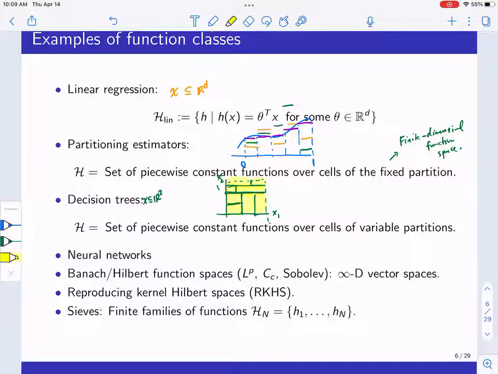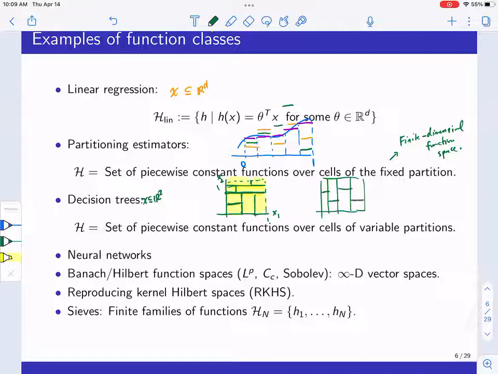If I split in a different fashion, for example, first along x1, and then each one again along x1. Or, let's say, I split along x1 at this point, and then again along x1, and then in each one I do x2, for example.